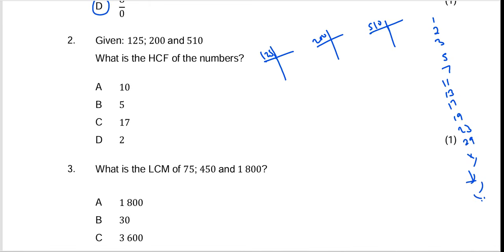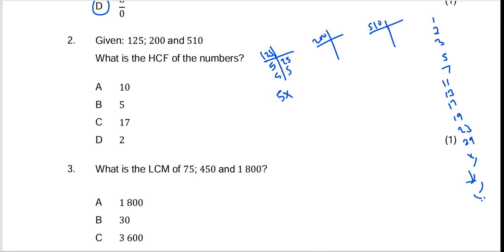So we're going to start with 125. 2 doesn't go into 125. Let's check if 3 goes into 125. Let me check that on my calculator. 125 divided by 3, no. We have 5. 5 goes into 125 twenty-five times, and from 25 we have another 5 and 5.